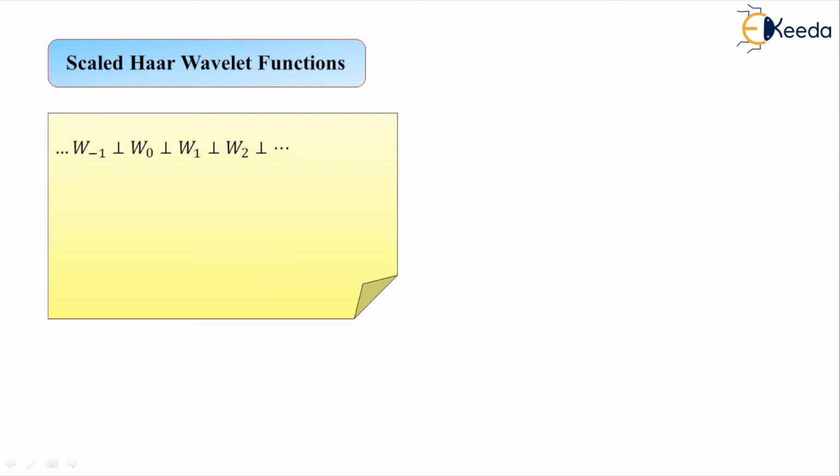So the generalized relation between the various functional spaces defined by using the Haar wavelet functions, if you talk, we see that there is orthogonality between W suffix minus 1 with W0, W0 with W1, W1 with W2, W2 with W3, and so on.